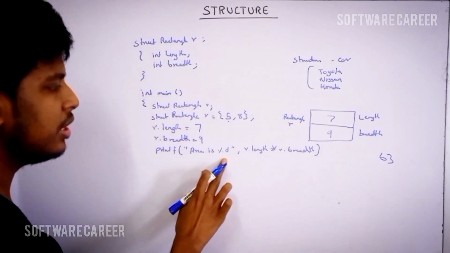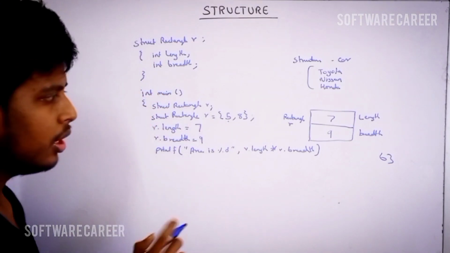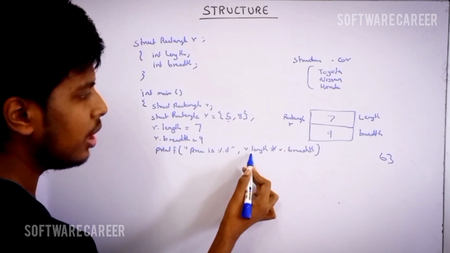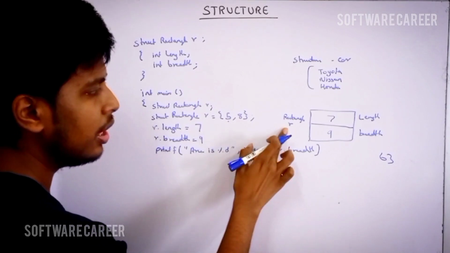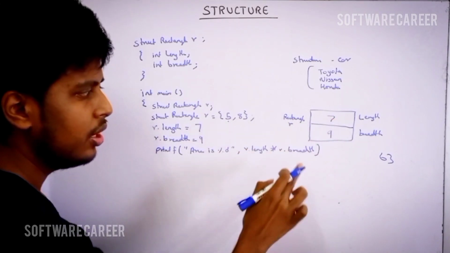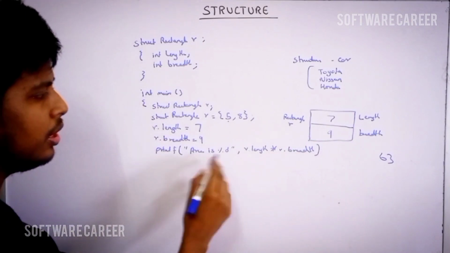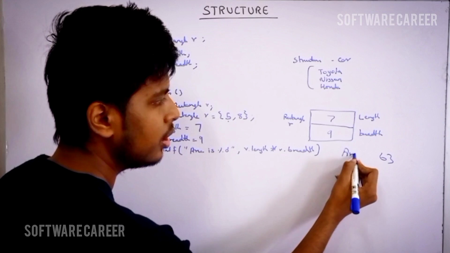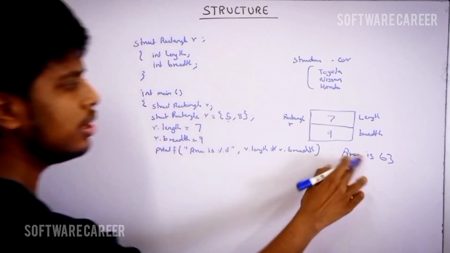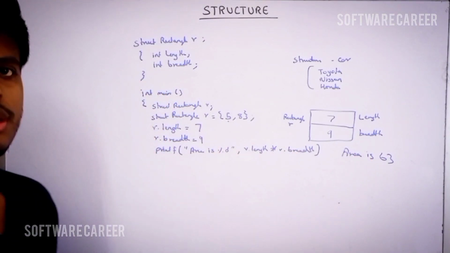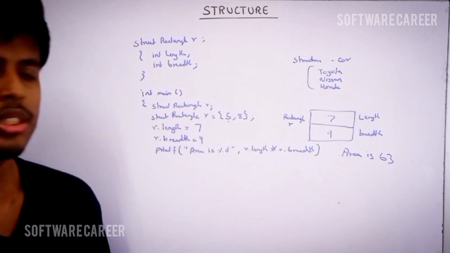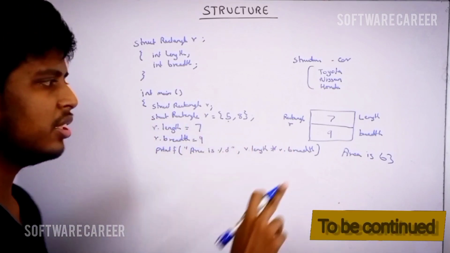That's why I am writing percentage d, which is an integer. That integer is r dot length into r dot breadth. Rectangle length is 7, breadth is 9, 7 into 9 is 63. So it prints area is 63. This is the output it will give. This is how a structure is created, and how you initialize the values and print the statement.